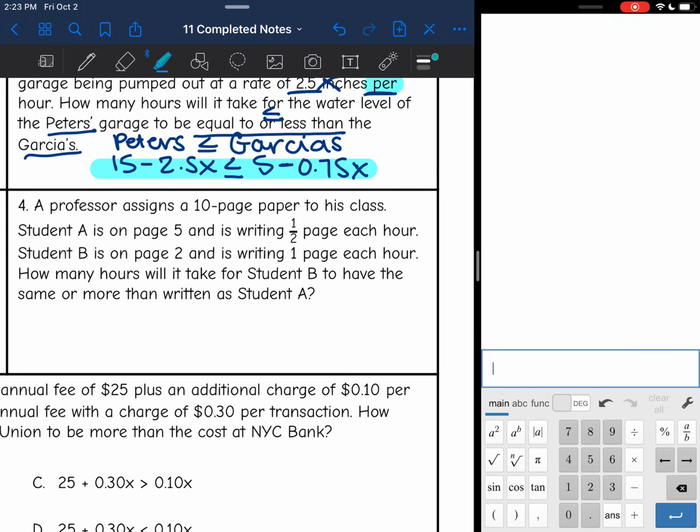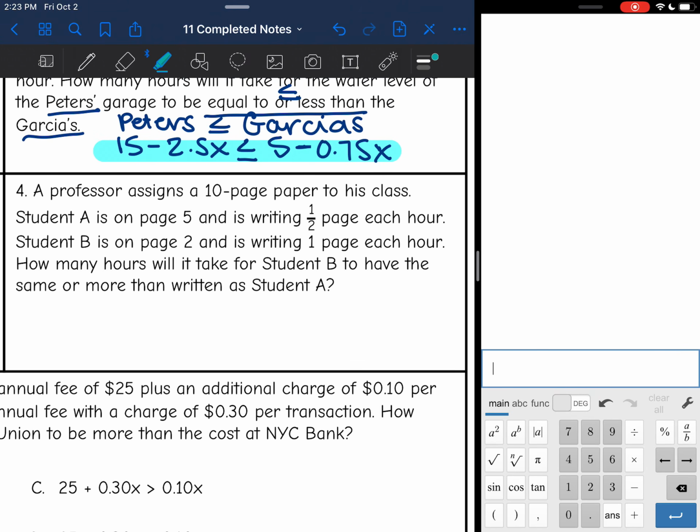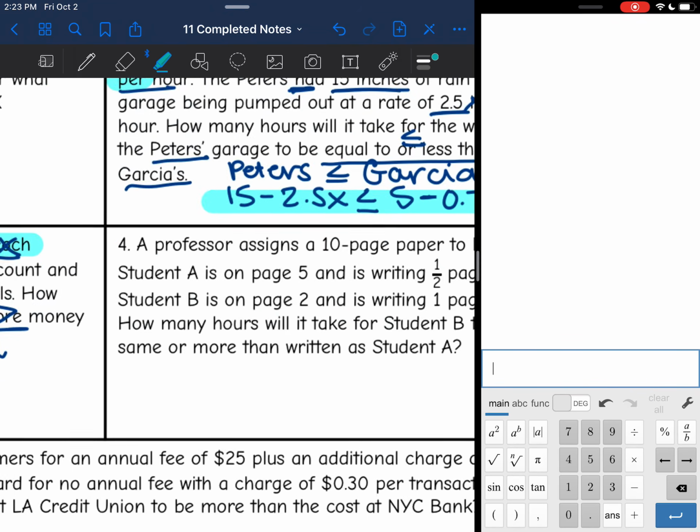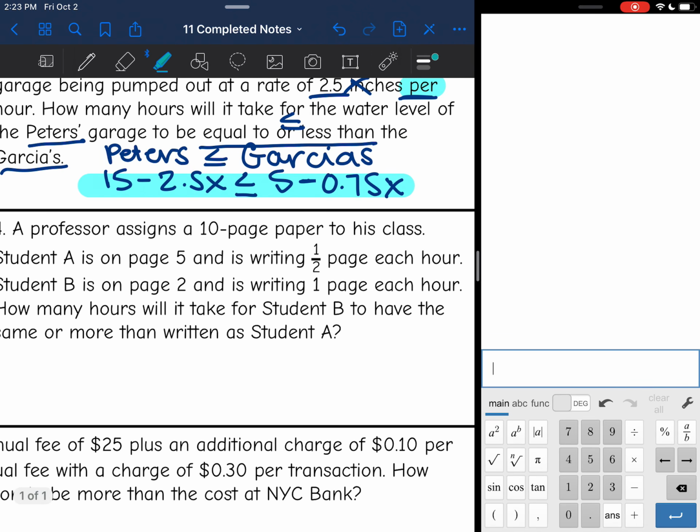Okay, number 4, a professor assigns a 10-page paper to his class. Student A is on page 5 and is writing 1/2 page each hour. There's the word that means multiplication.